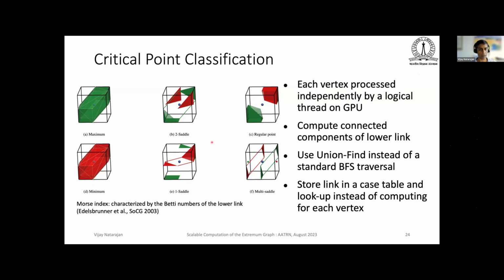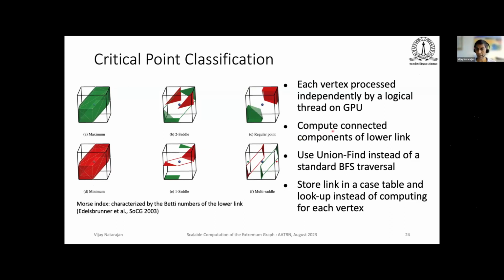In the case of a saddle, the lower link has two components and the upper link has a single component. It also has non-trivial one homology, which we don't need to explicitly compute since we compute the number of components of both the upper and lower links.